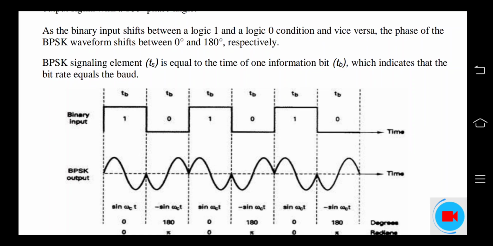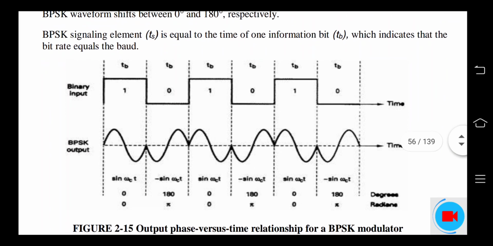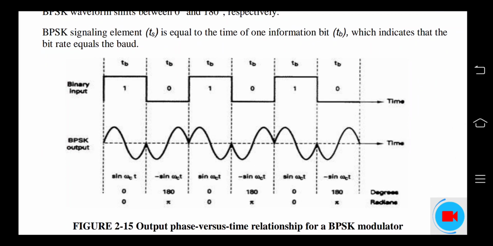So the logic 0 output has a 180 degree phase shift, and the logic 1 output has 0. Here you can observe the symbolic representation of how the phase changes in the BPSK modulator. Here, input 1 is the normal condition, and input 0 gives a phase shift of the output waveform, with the binary inputs and the BPSK outputs shown.